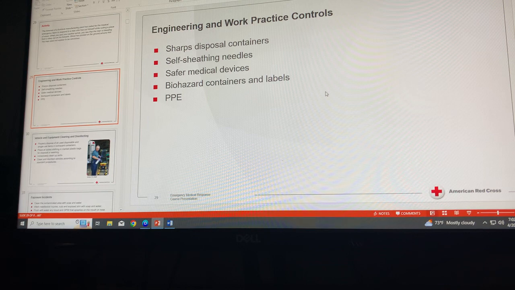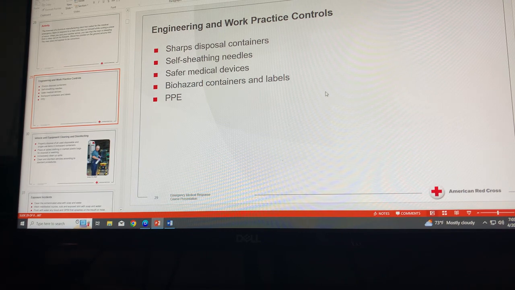Examples of engineering controls include, here on your slide, sharps disposable containers. Biohazard containers, such as those used for sharps disposal, are one type of engineering control. Self-sealing needles.